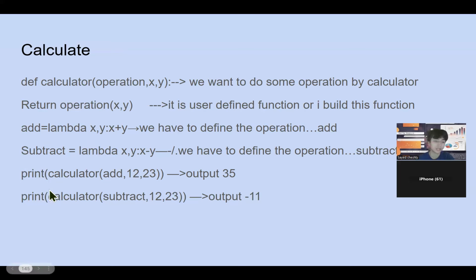Now we do print. How we can calculate is print parentheses calculator parentheses again add comma 12 comma 23. The output will be 35. Some of you, when you hear calculator, will think it's mostly multiplication, but no, it just calculates it.